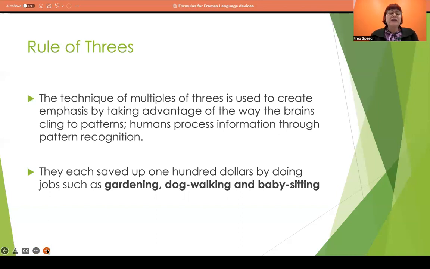So if we say things like, they saved up $100 by doing jobs such as gardening, dog walking, and babysitting. They went on the Ferris wheel, the roller coaster, and the flying chairs. So the rule of three is a comforting, almost expectant type of strategy to use to create emphasis in a text.